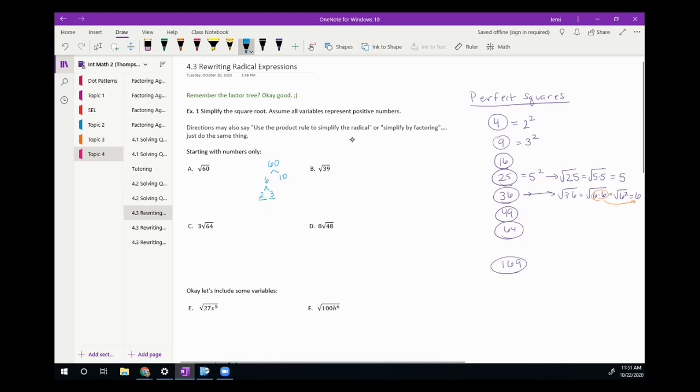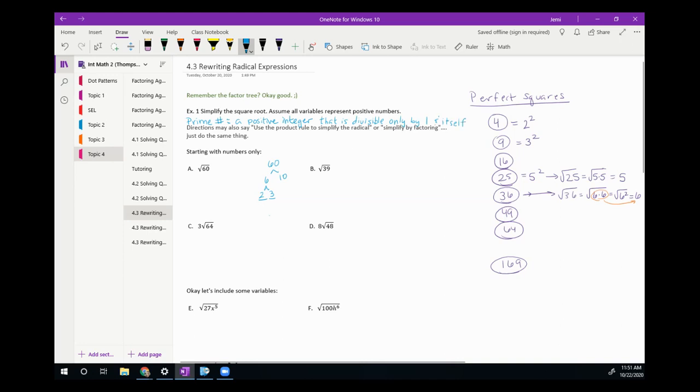All right. And let's go over the definition of a prime number. A prime number is a positive integer that is divisible only by 1 and itself.